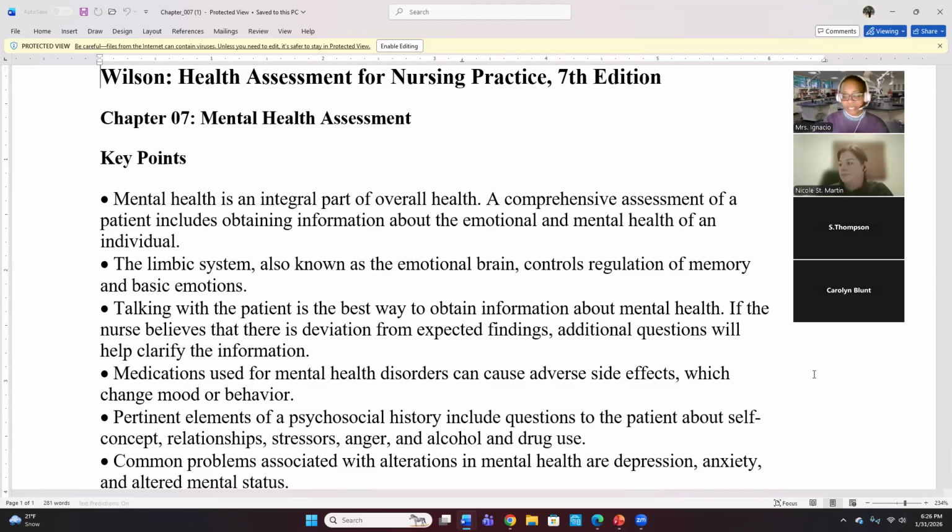So health assessment and the mental aspect is extremely important. Some of you mentioned looking at their behavior, and some of you mentioned communication, and I want to emphasize therapeutic communication and open-ended questions. Those are all things you have to keep in mind.